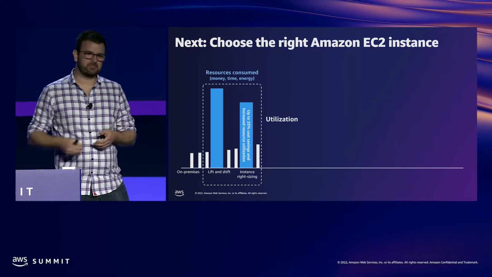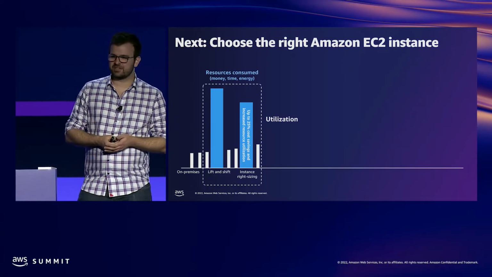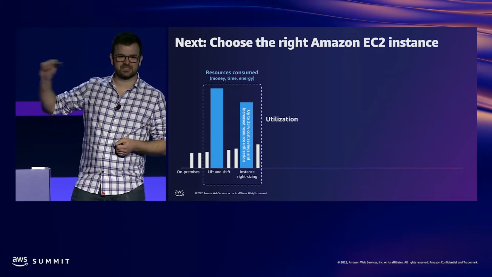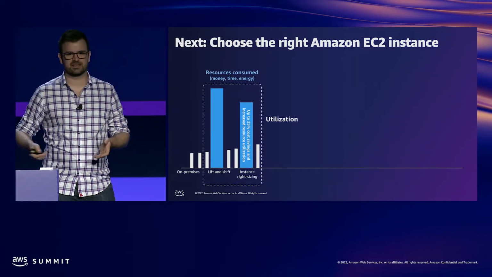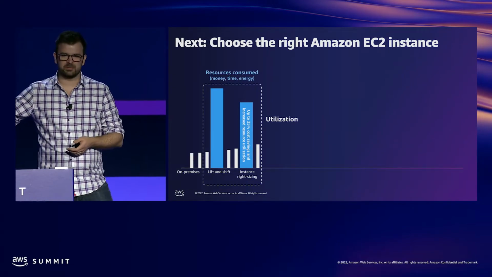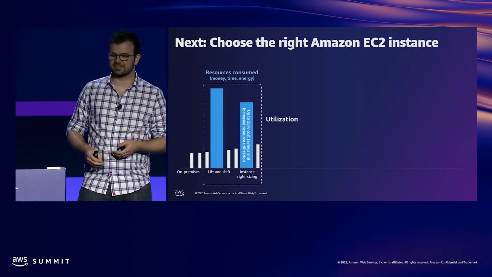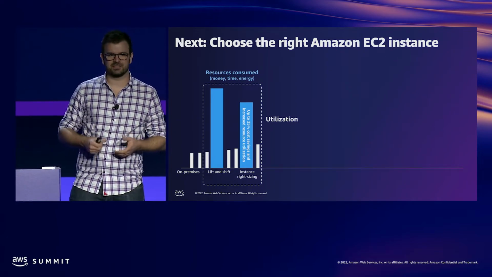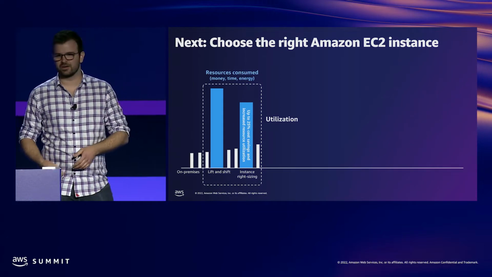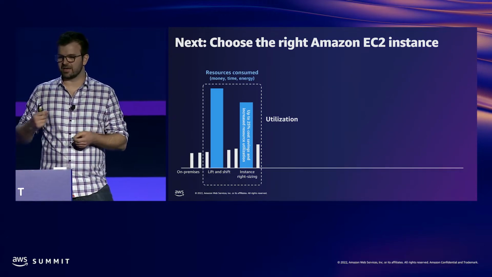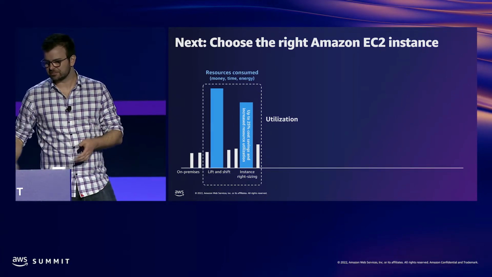So if you find some optimization in your application and you're able to consume fewer cycles for a process that you're running, with that next deployment, you can also shift down to a smaller instance size. You don't have to be locked into the size that you picked a year ago or 3 years ago. You can actually change it as your needs change.